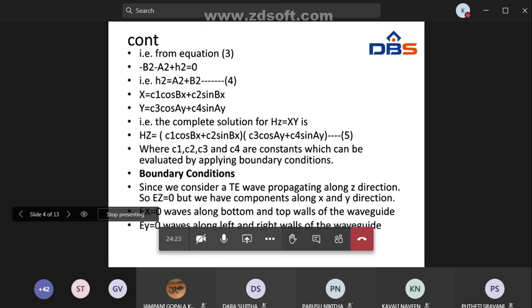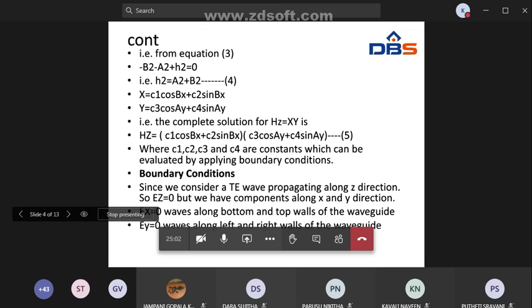So up to this point the derivation is the same as in the TM mode analysis. Solving for X and Y by the separation of variables method, you will get X equal to C1 cos bx + C2 sin bx, and Y equal to C3 cos ay + C4 sin ay.